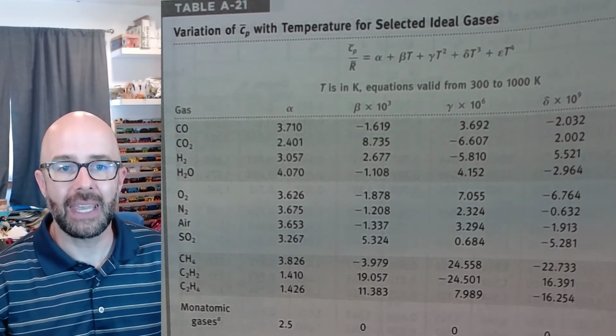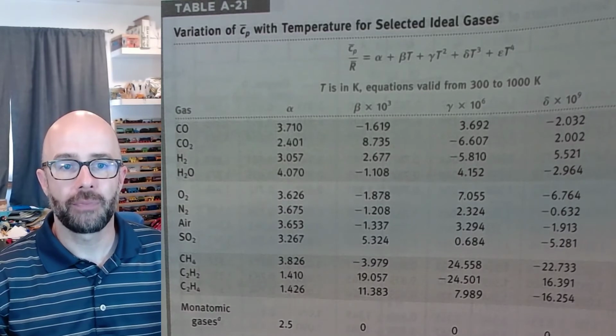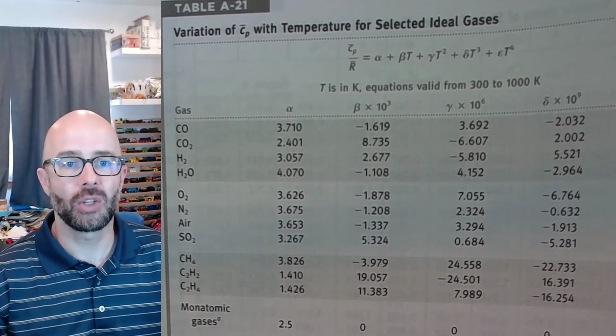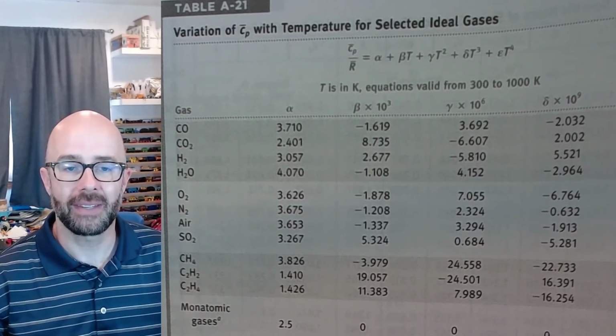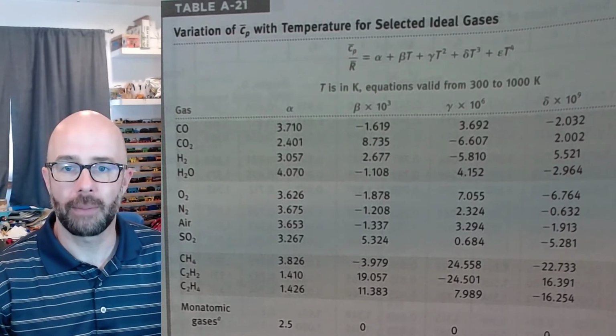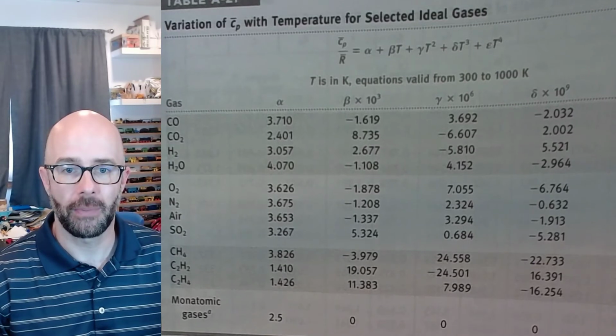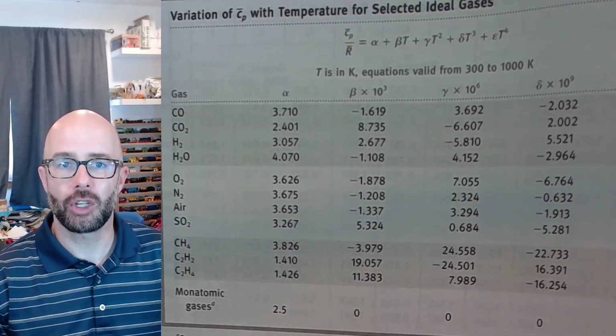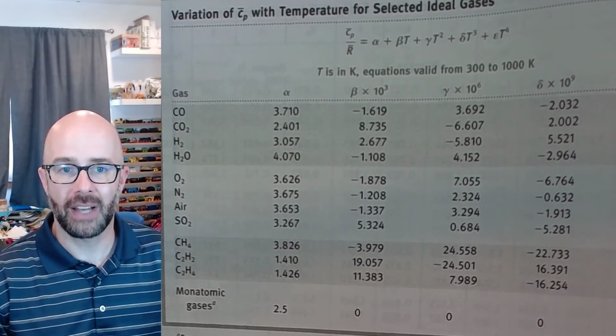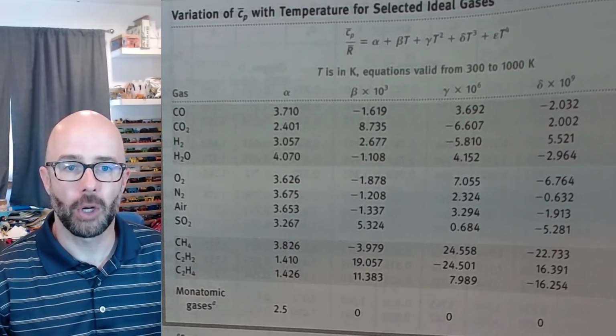Here is another way that we can find out what the specific heat at constant pressure is for ideal gases. These are those equations I talked to you about. If you wanted to program this into a computer, you would use these equations. But I'm telling you that we're not going to use this table in our study of Thermo 1.